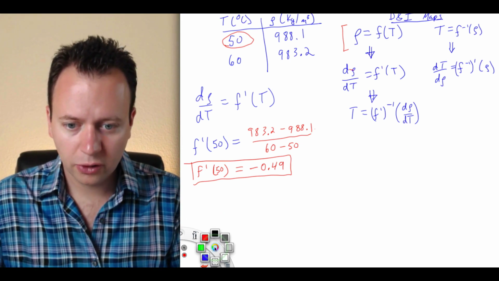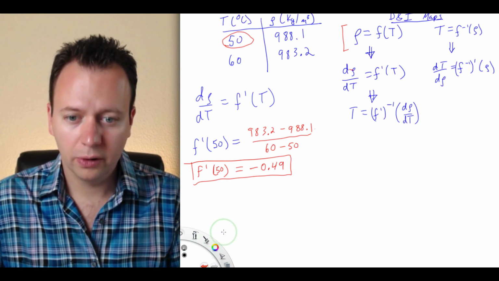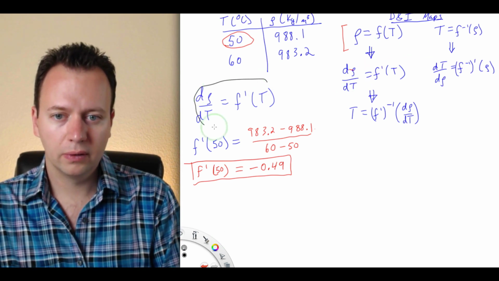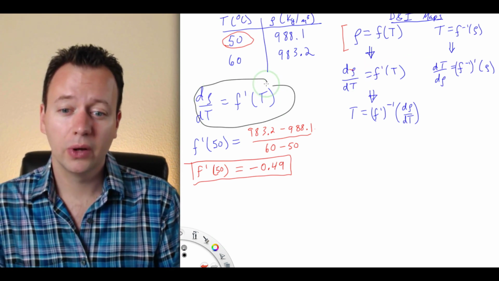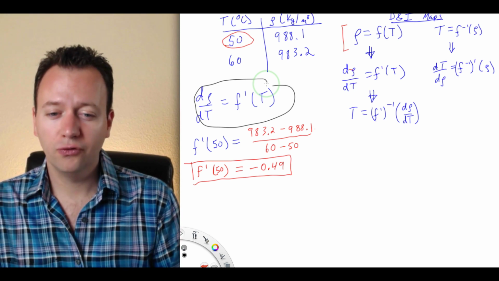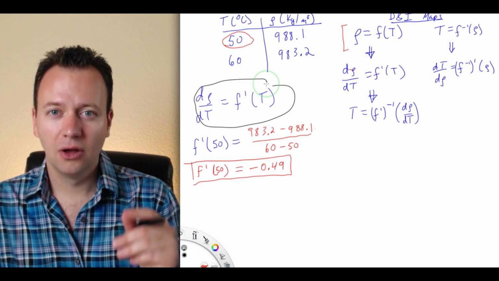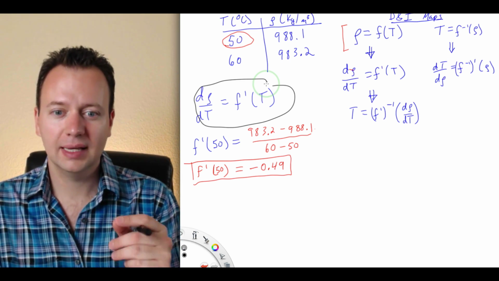Okay, so now let's interpret this in words. So here we're saying, and of course we always want to refer to our derivative and inverses map, negative 0.49 gives an approximate change in the density for a single unit increase in temperature.